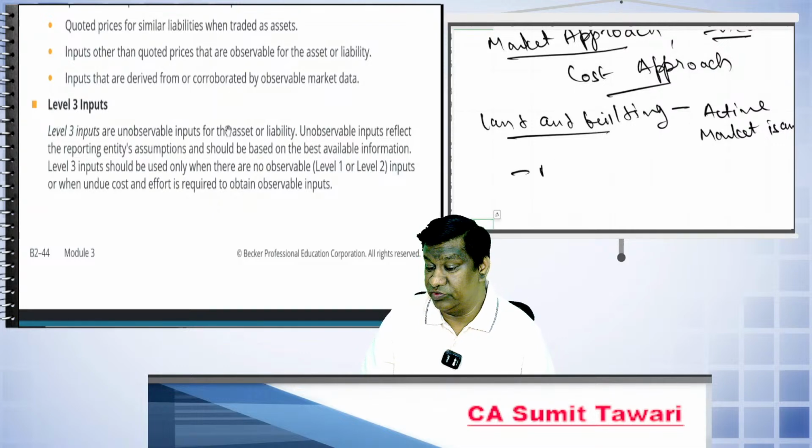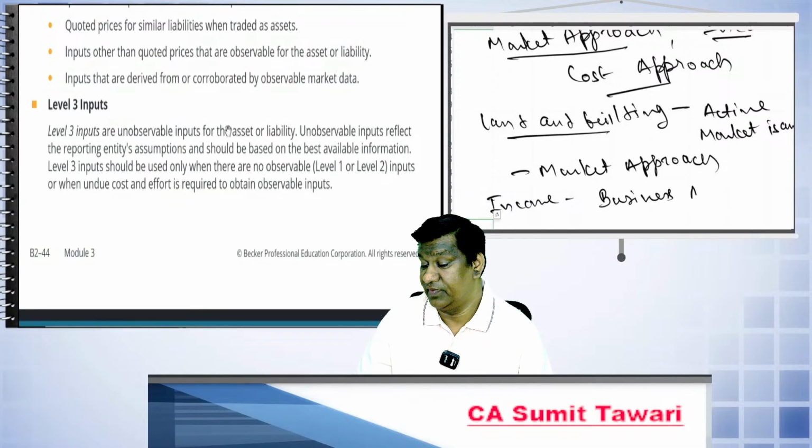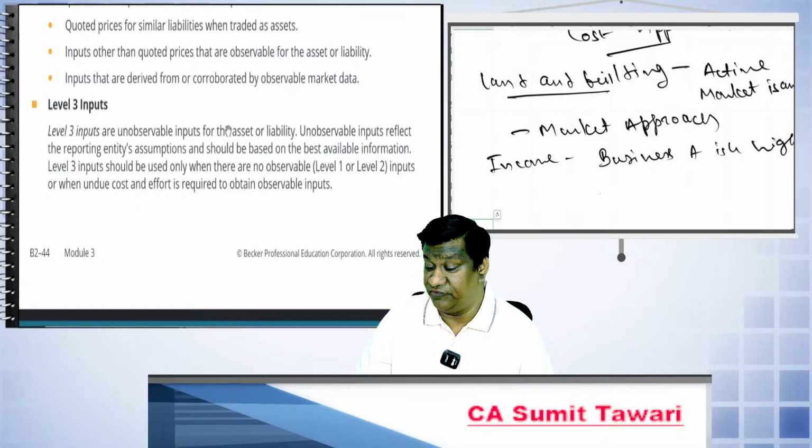So here you can calculate as per the market approach. But the usability of land and building for business A is very high, whereas the usability of land and building for business B is low.